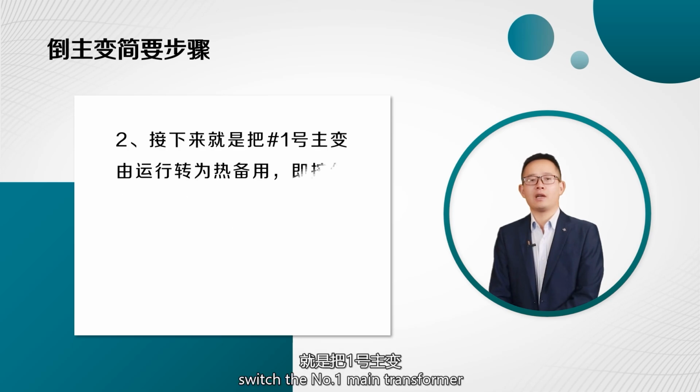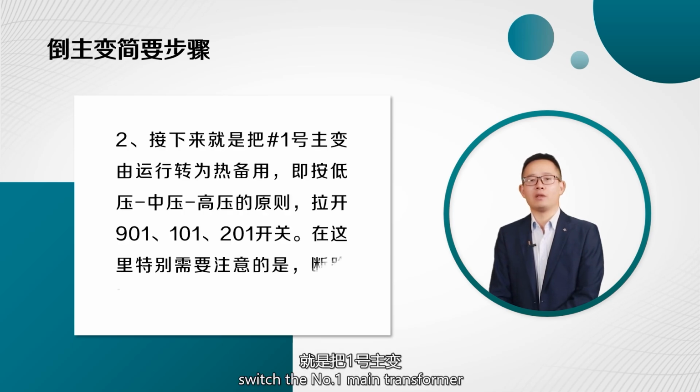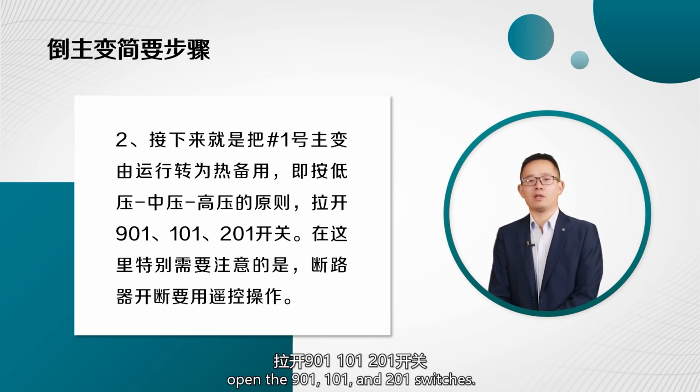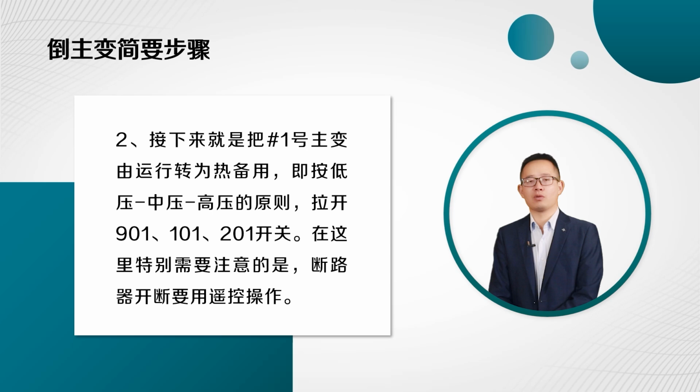Second, switch the number 1 main transformer from operation to hot standby. That is, according to the principle of low voltage, medium voltage, and high voltage, open the 901, 101, and 201 switches. It is particularly important to note that the circuit breaker must be remotely operated to open and close.